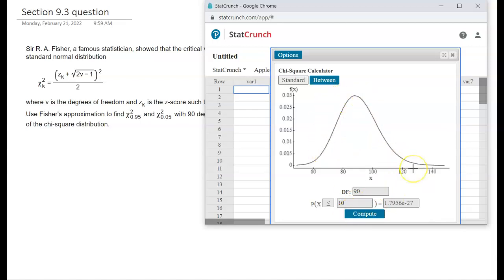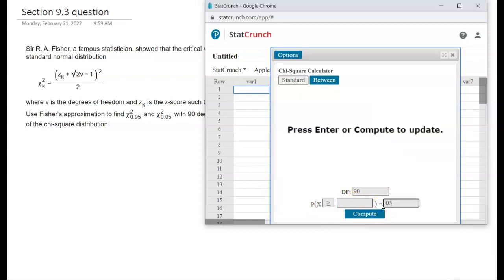So here's the chi-square calculator. Now what we want is to know chi-square to the right and to the left, so 0.05 and 0.95 goes in here. Let's start by looking to the right first, so greater than or equal to 0.05.